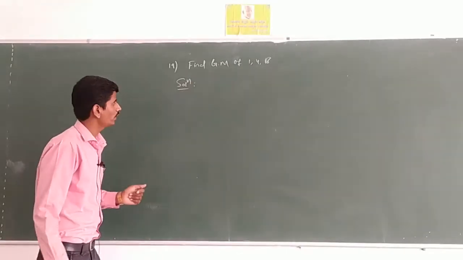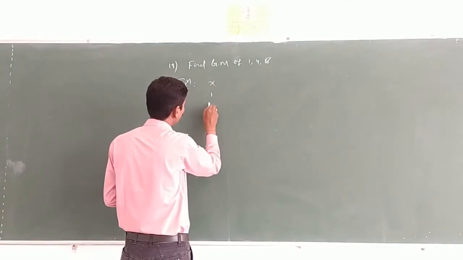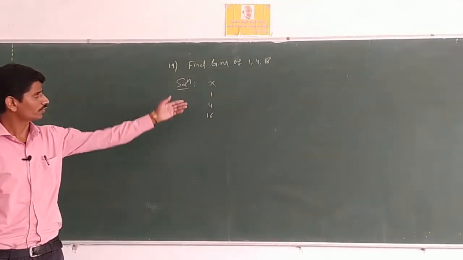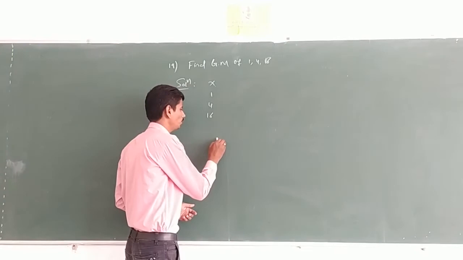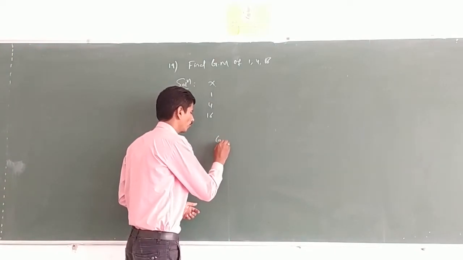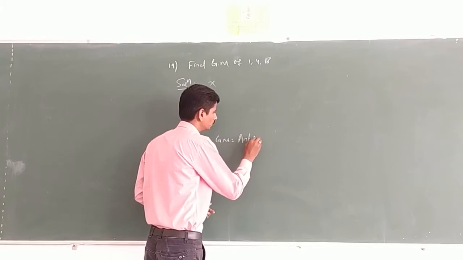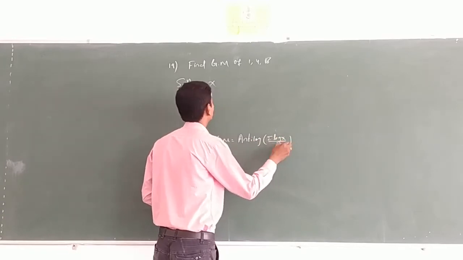Solution. Here the x values are 1, 4 and 16. We apply the formula GM equal to antilog of sum of log x by n.